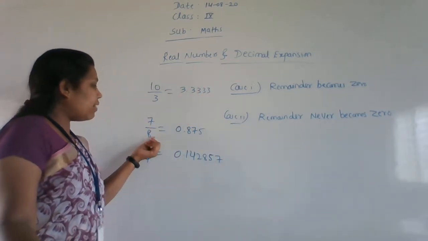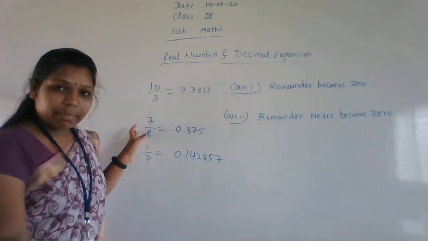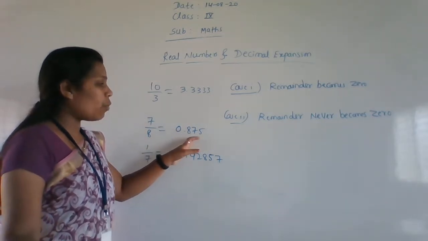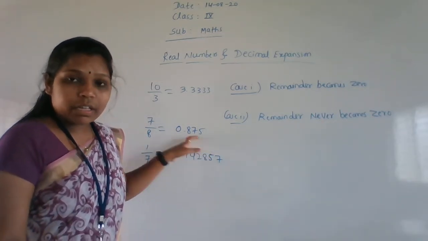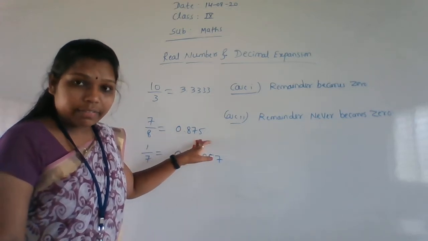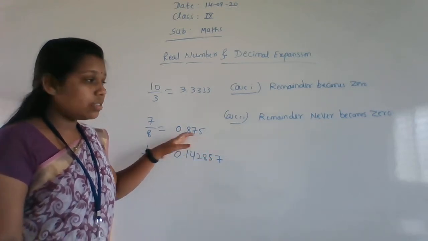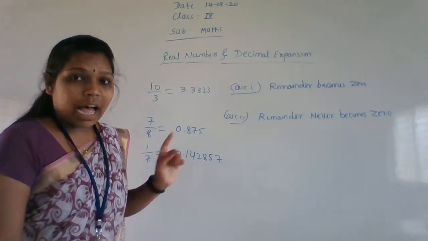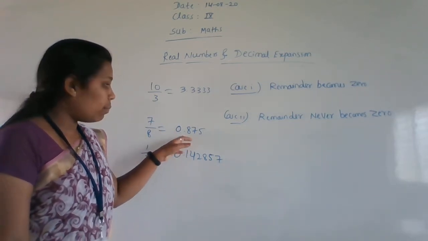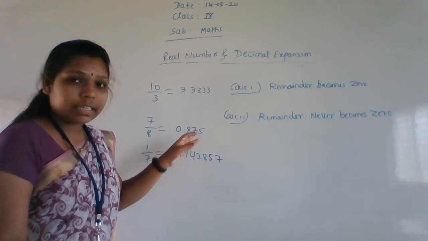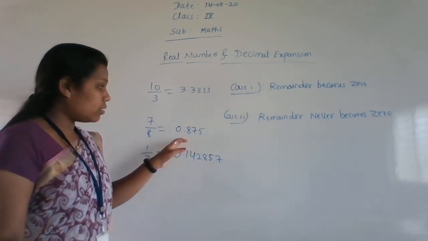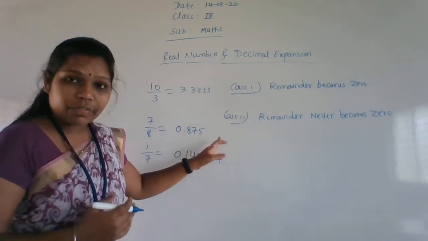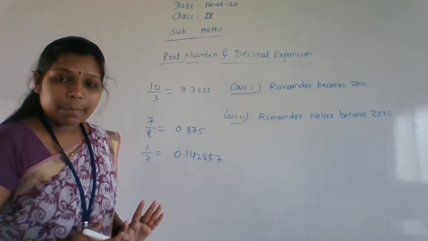Now observe 7 by 8. If we divide 7 by 8, the answer is 0.875. Some people will read it as zero point eight hundred seventy-five. That is wrong. After the decimal point, we have to read the numbers as single digits: zero point eight seven five.